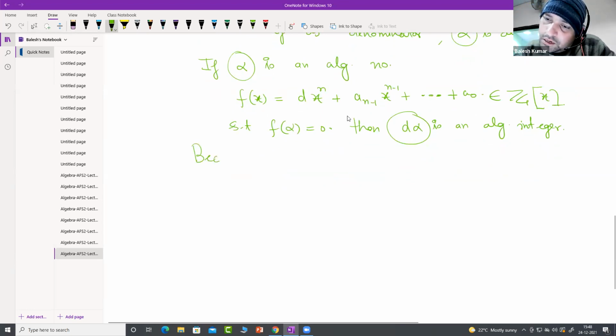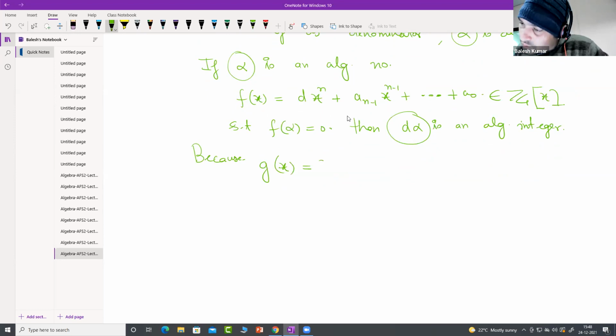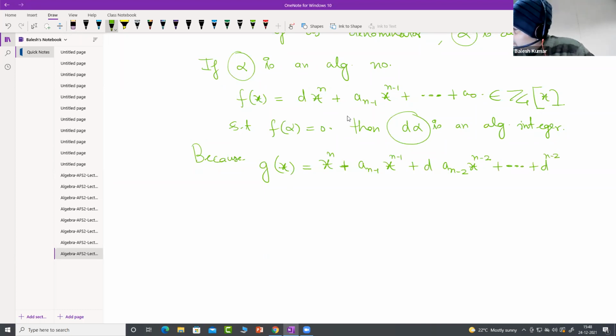Because, let me write down, take the polynomial g of x equal to x to the power n, which is monic, so we have taken the leading coefficient to be 1, and then a_{n-1} x to the power n minus 1, and then plus d times a_{n-2} x to the power n minus 2, and so on, plus d to the power n minus 2 times a_1 x, plus d to the power n minus 1 times a naught.